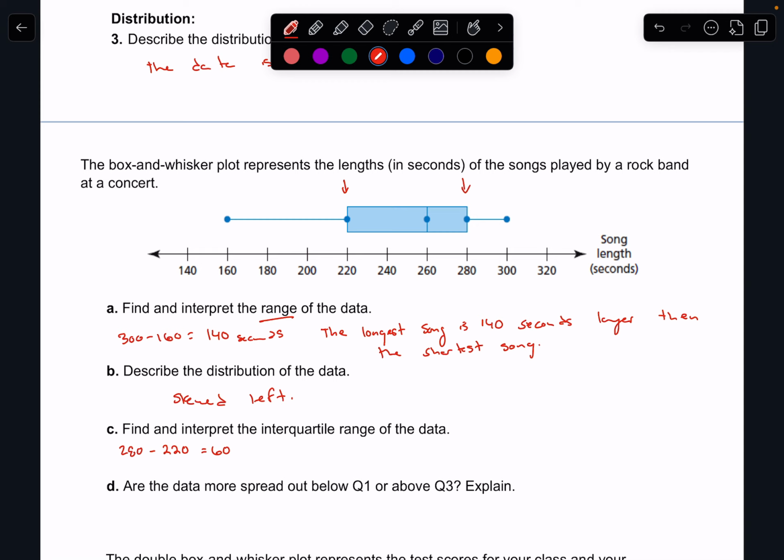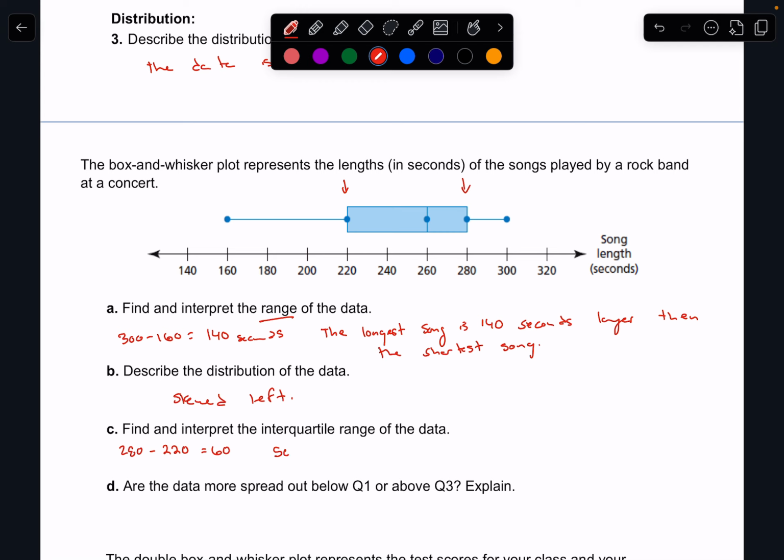We can say that 50% of the songs are within 60 seconds of each other's length. You could say that the third quartile song is 60 seconds longer than the first quartile song.